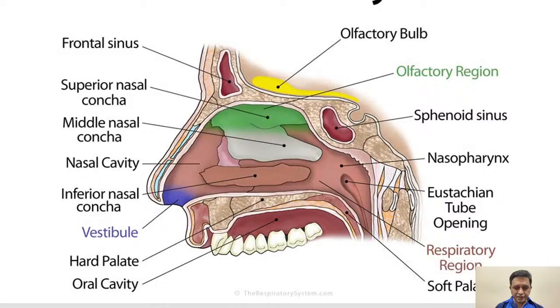And most of the structures are made out of cartilage here in the nose. And on top there is a bone. If you press the top portion here, you feel it hard, and if you press in the front, it's quite soft.